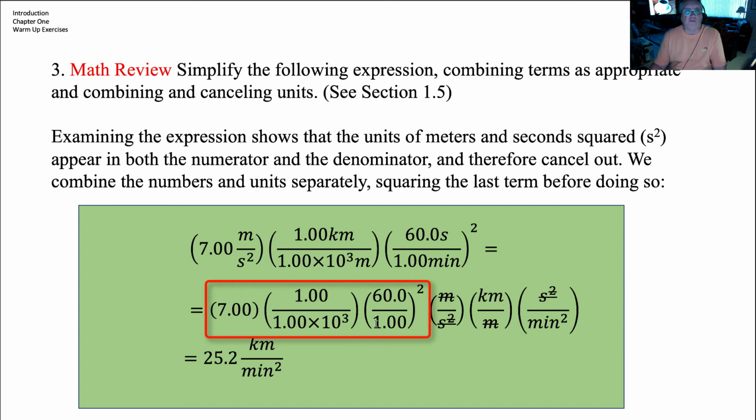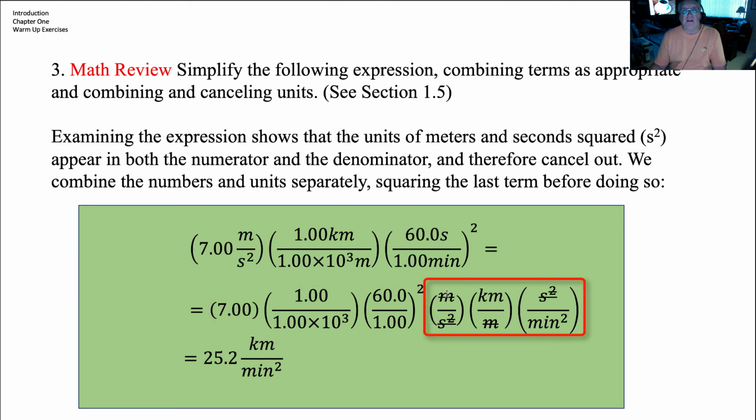All of those terms are gathered together as constant values that we can deal with mathematically. On the other side, we've got all of our unit values that we can handle almost like math as well. We can start canceling them out.